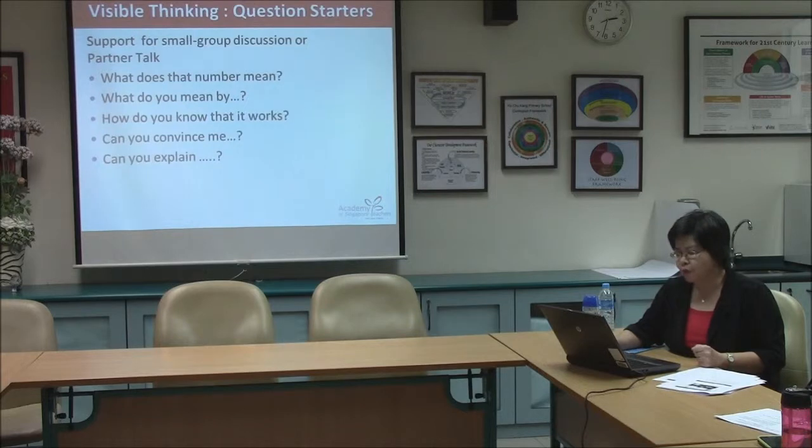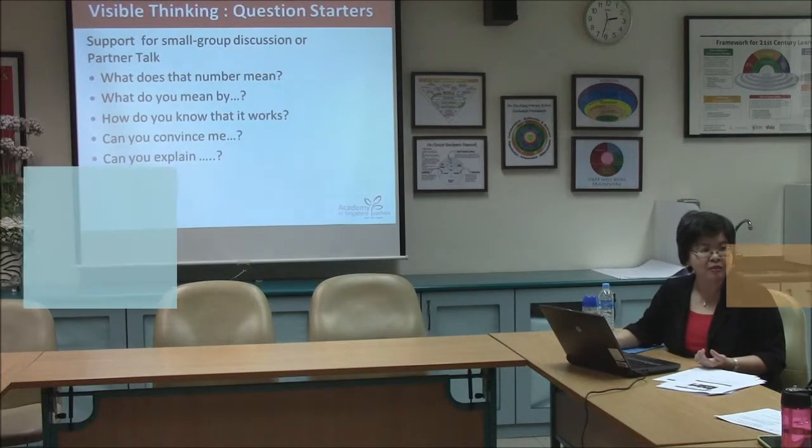For group discussion to be effective, and for the students to engage in discussion, we may need to provide some support. This support can come in the form of question starters.